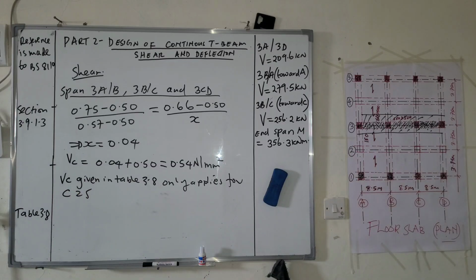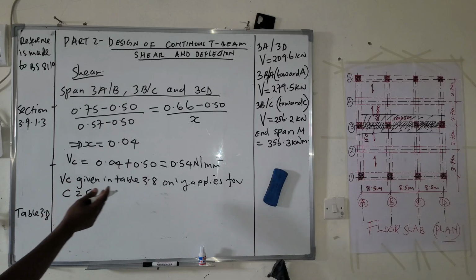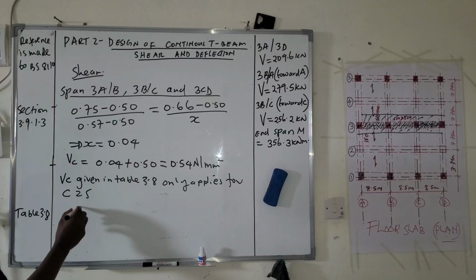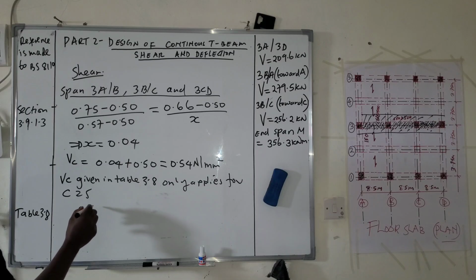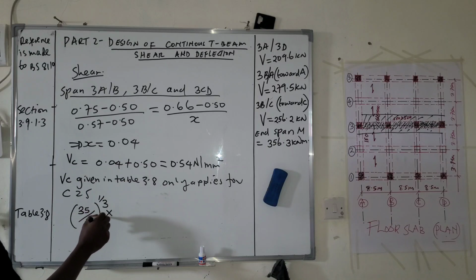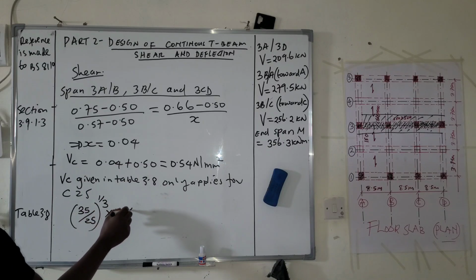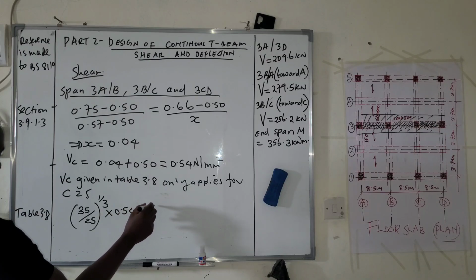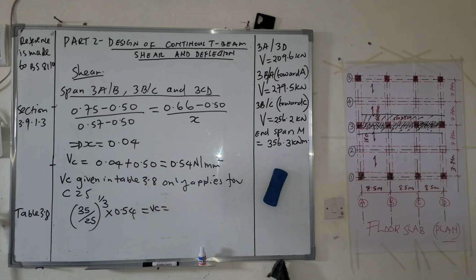So for you to get Vc for other classes, for example, for this case, our class is 35, so you'll take 35 over 25 raised to the power a third times 0.54.